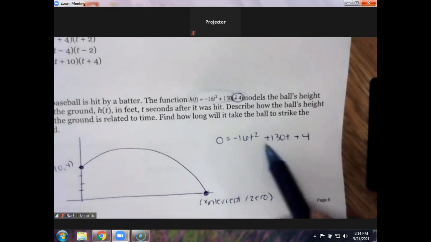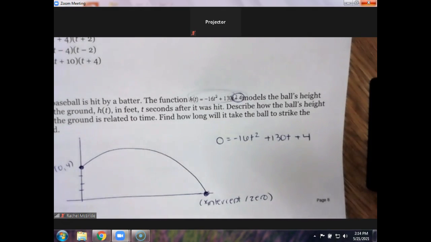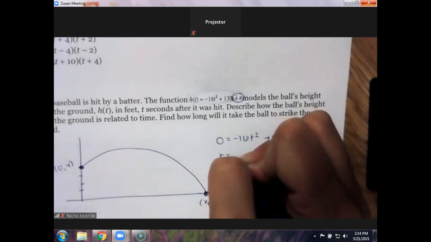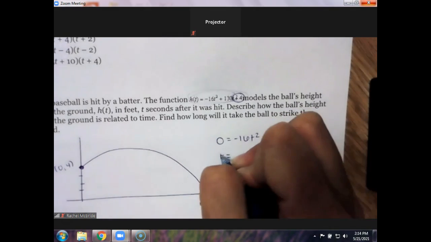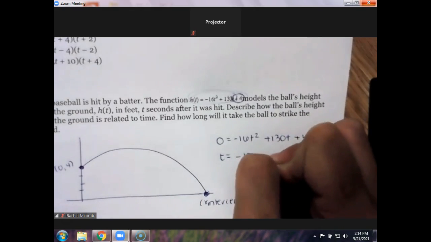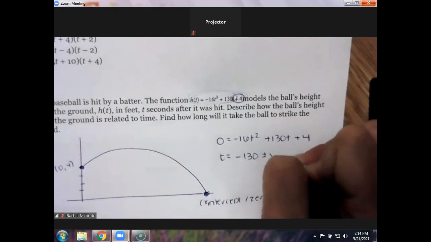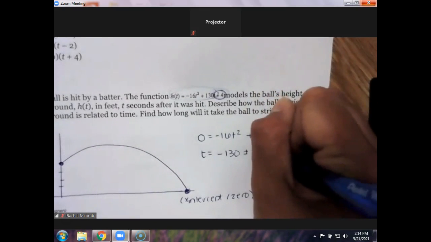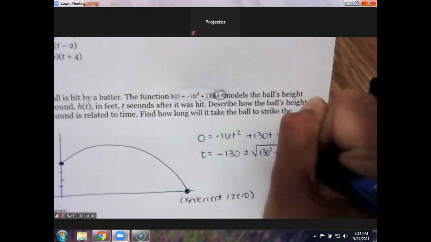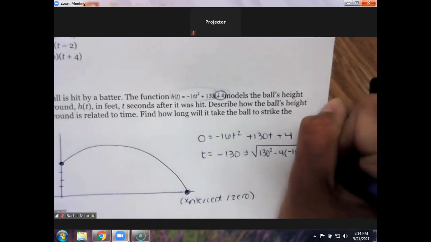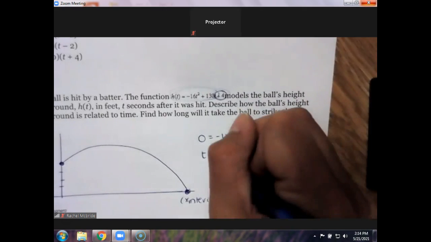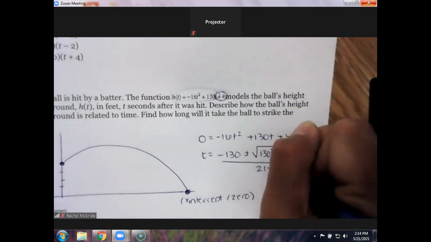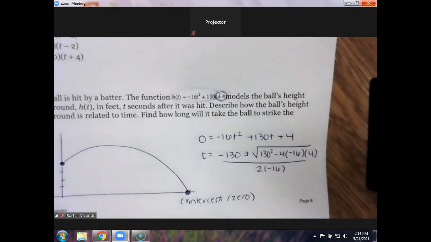So what we have to do is apply the quadratic formula. So that's t equals -b plus or minus the square root of b squared minus 4 times a times c all over 2a.